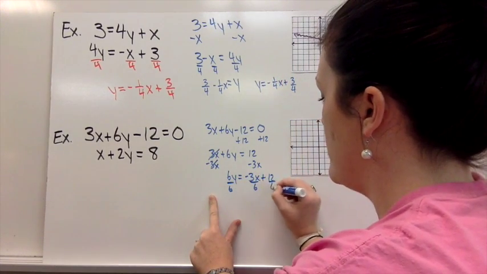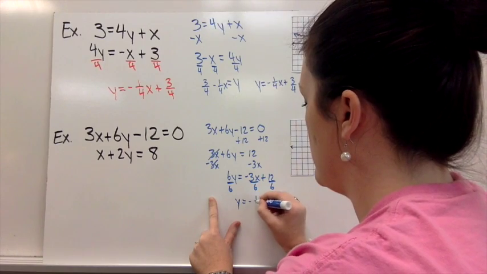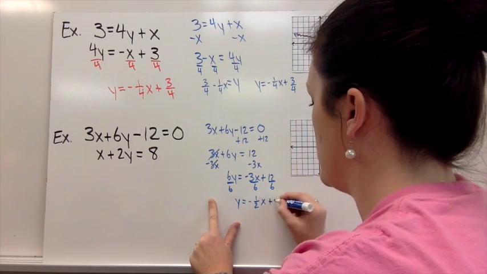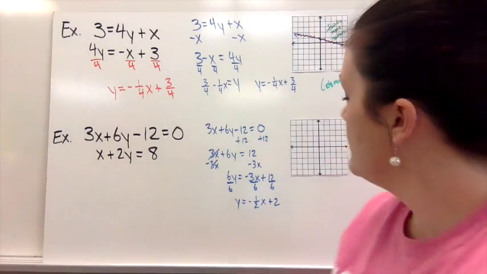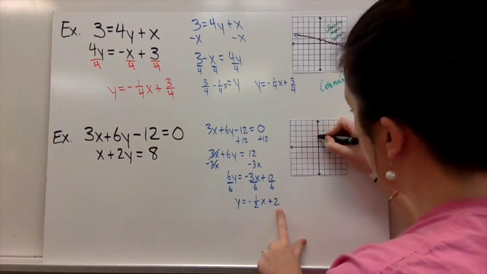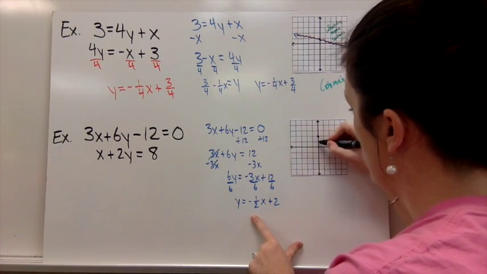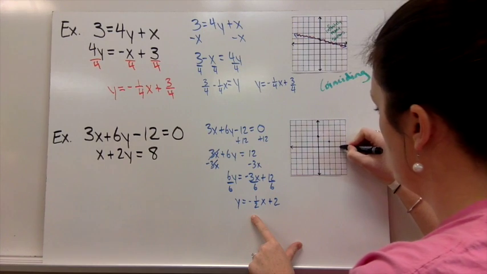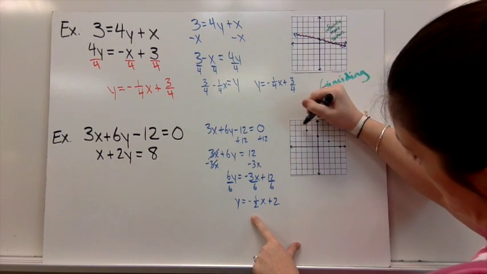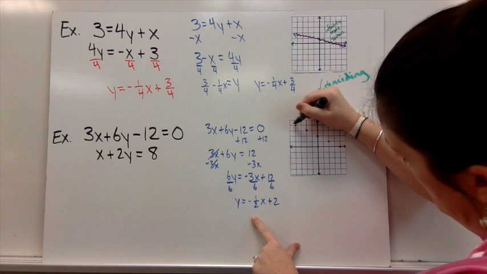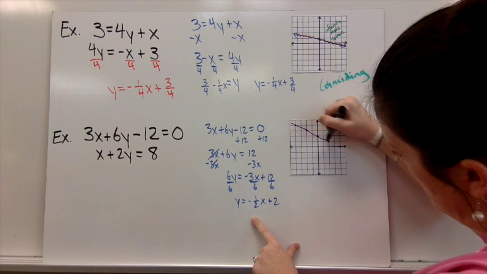Then let's divide everything by 6. So y will equal negative 1/2 x plus 2. All right. I'm going to graph that one. So I'm going to go up 2, then down 1, right 2 times, and then up 1, left 2 a couple of times, and then I have a nice sketch.